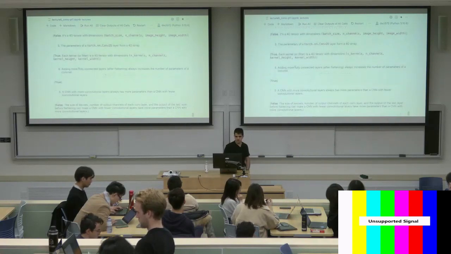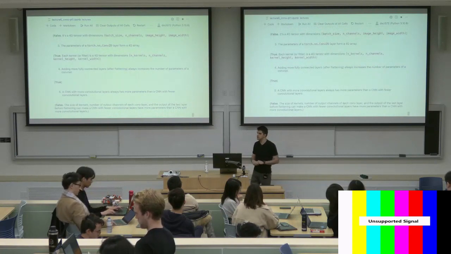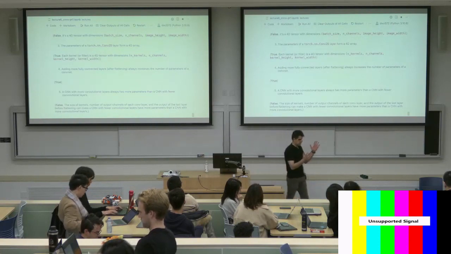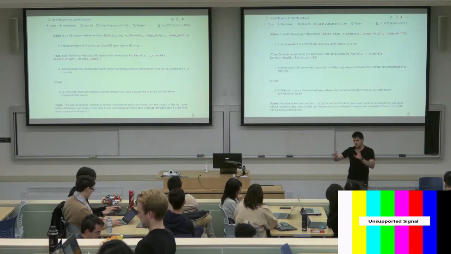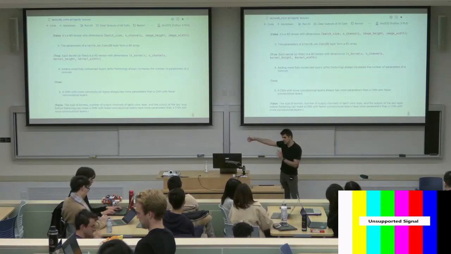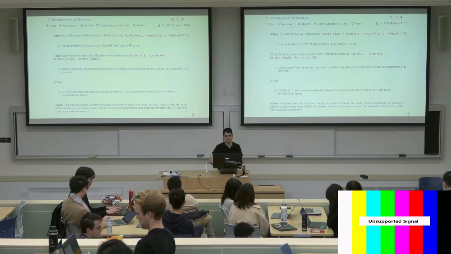One other statement here is that adding more fully connected layers after flattening always increases the number of parameters. And that's true because you have a bunch of features and you have a fully connected layer. Of course, if you increase the number of hidden layers there, you'll increase the number of parameters you have in the model.